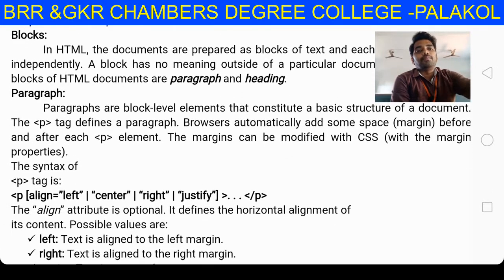You write the web page, you design the web page. Write the paragraph using the p tag. The paragraph is a block level element. You use the p tag, angle bracket open, p, angle bracket close, paragraph information. After completing the paragraph information, angle bracket open slash p, angle bracket close.